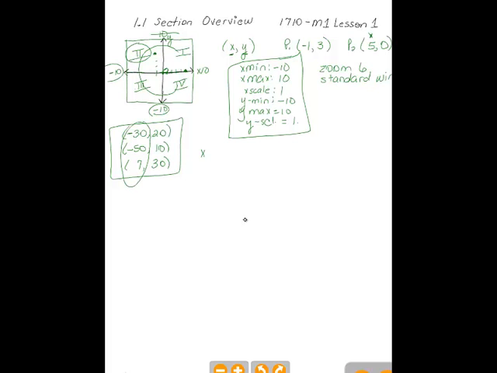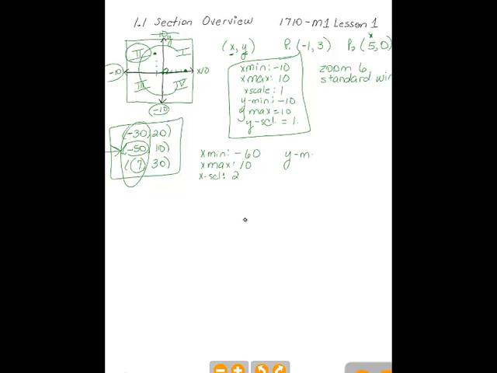So one viewing window that would work, I could set my x-min to be, let's say, negative 60. I'll go a little bit lower than the lowest x. Now my x-max for this particular point needs to be 7 or larger, so I can let it be 10. And my x scale could be what I'm going to count by on the tick mark, so I can let it be, say, 2.